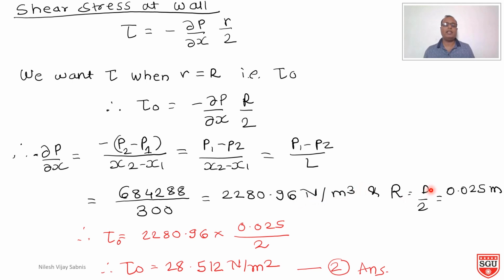And radius is d by 2, 0.025 meter. So tau is equal to 2280.96 multiplied by 0.025 by 2. Tau 0 is equal to 28.512 Newton per meter square, and this will be the final answer, that is the maximum shear stress.